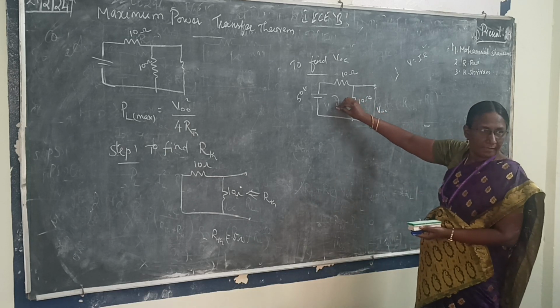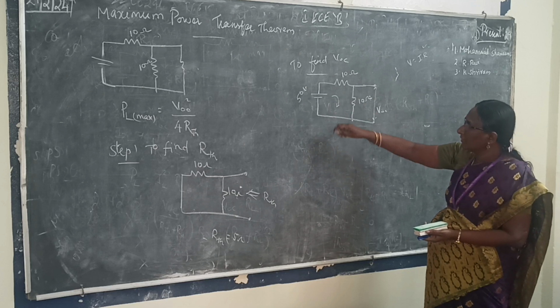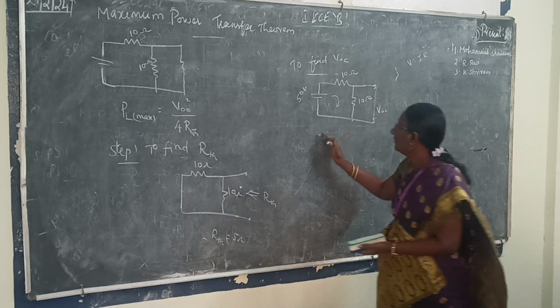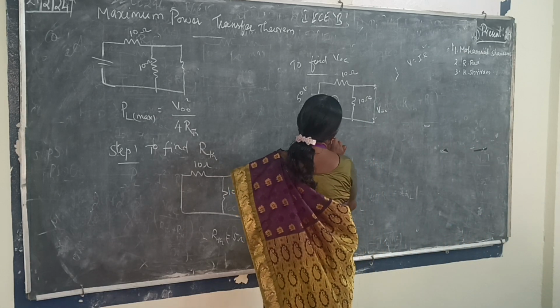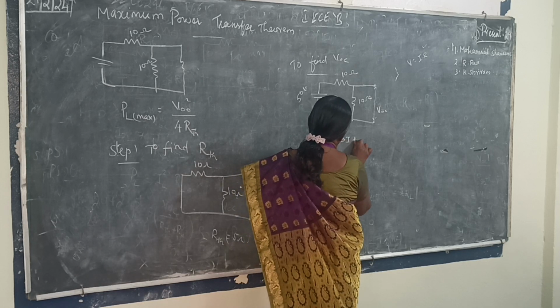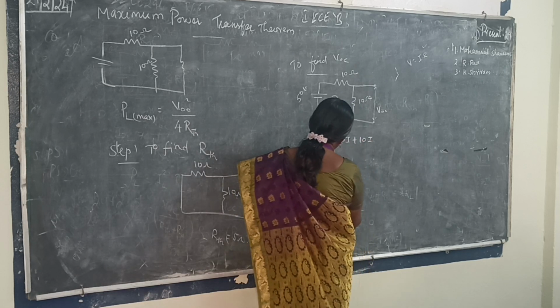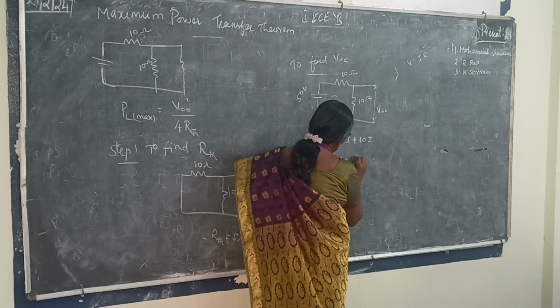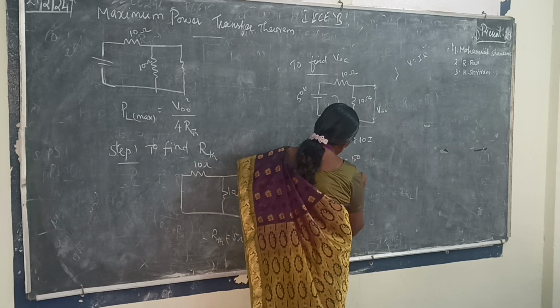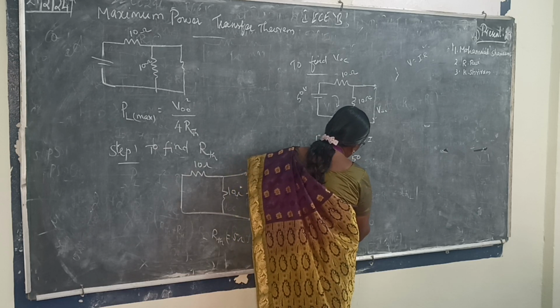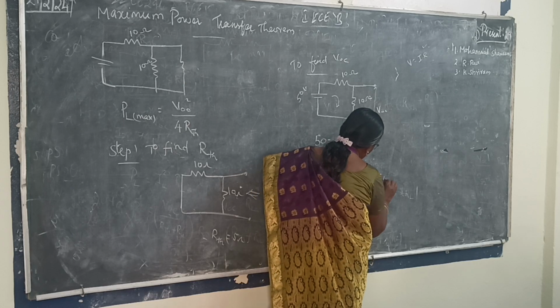The loop analysis, isn't it? Write the equation: 50 is equal to 10I plus 10I. That is 20I is equal to 50. Then I is equal to 50 by 20, 2.5 amps.